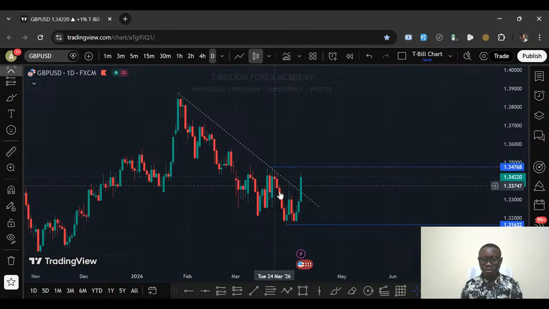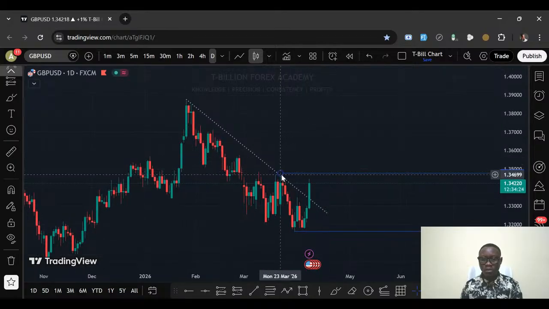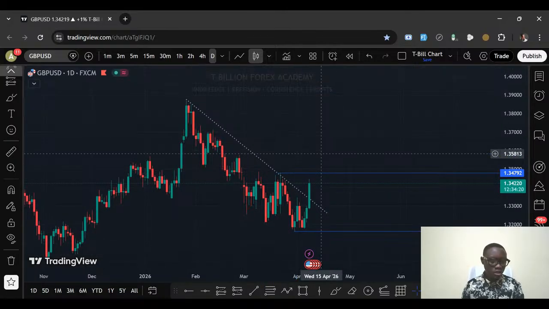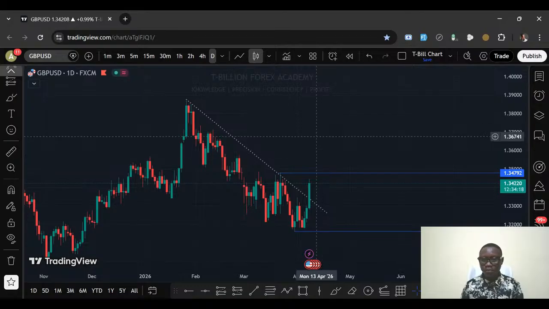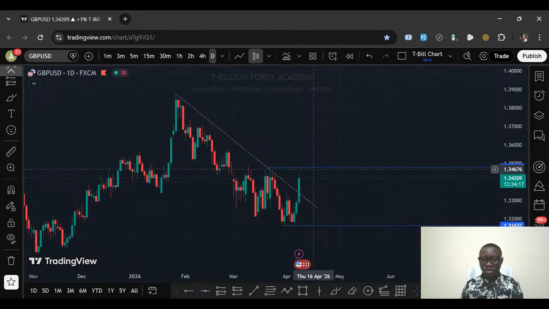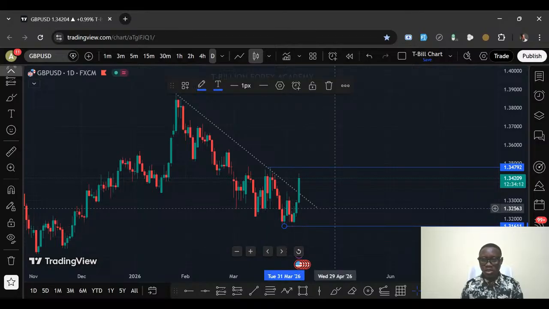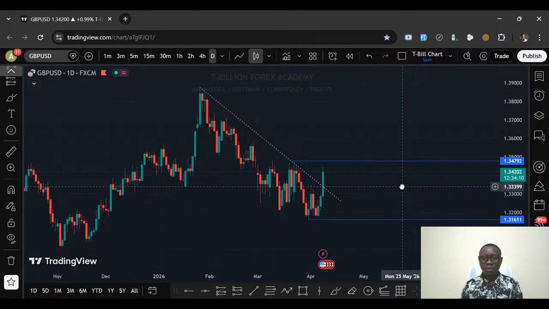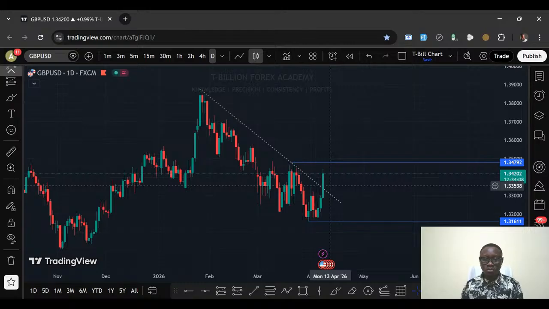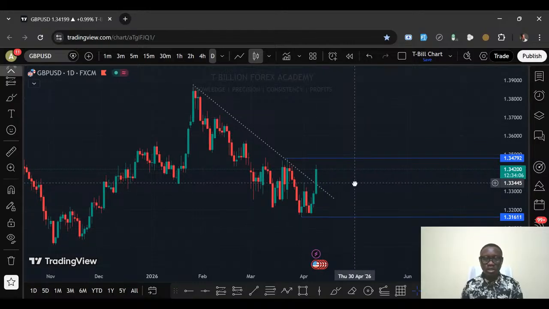Until the market shifts at this swing high on the daily time frame, that is when my bias will change bullish. But for now, we are obviously bearish. So we'll continue to sell GBP USD until this sell side liquidity is taken out. All right, so that is what we have on the daily time frame. We've established our bias. We are bearish.